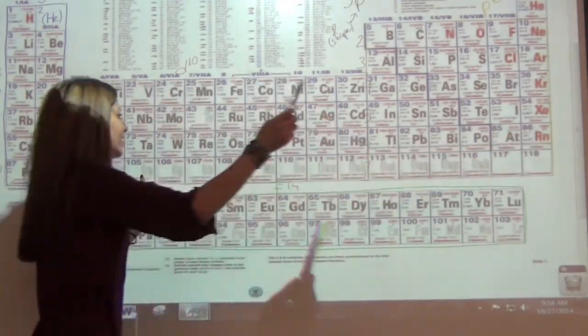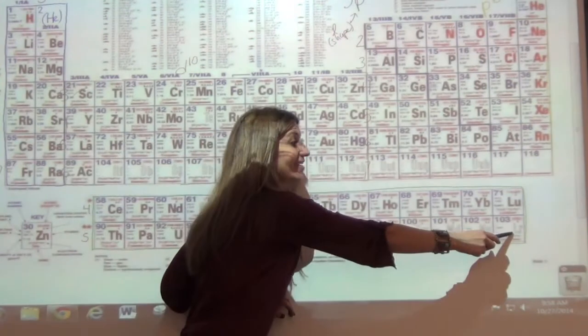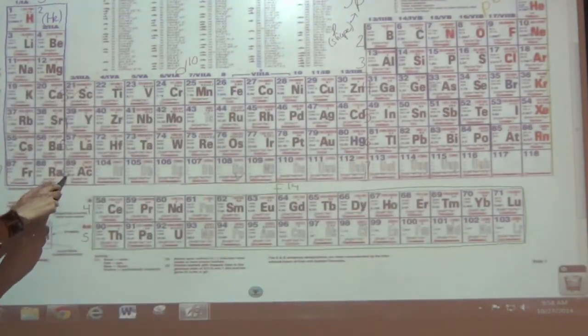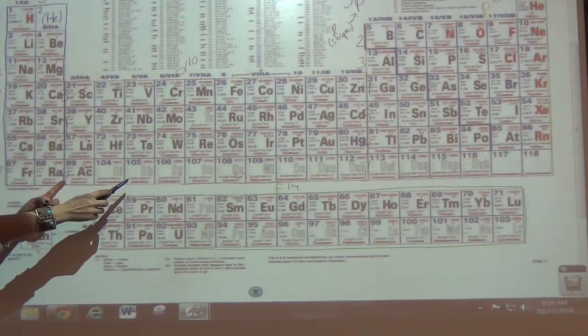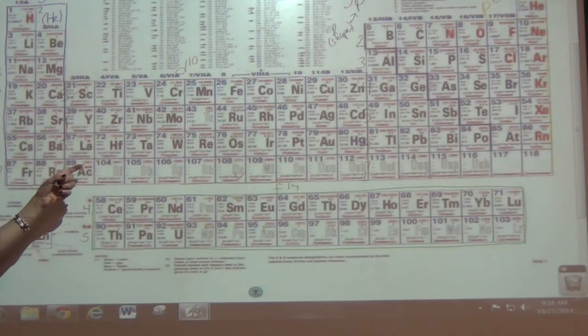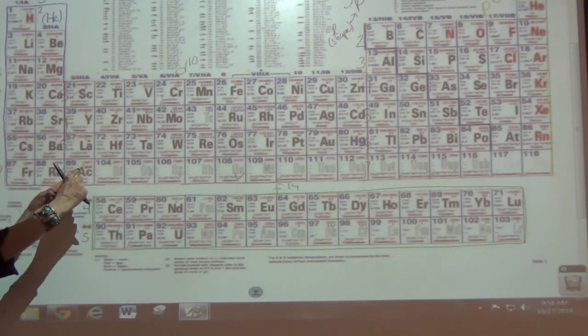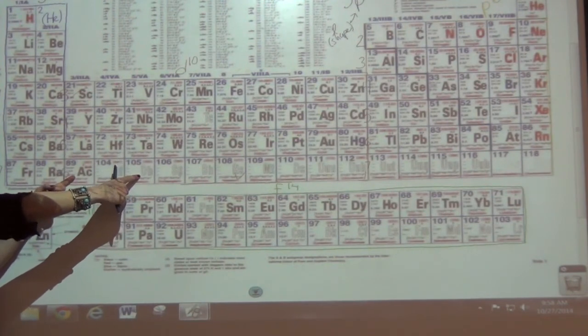So 86, Rn, perfect. 7s2. Good. Then 5f14, good. And then 6d3. We're going to 105. Now, we included that one in there already. When we came back and did 6d, 1, 2, 3, we included it.